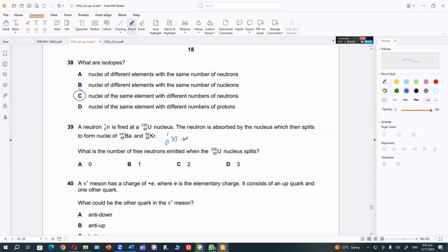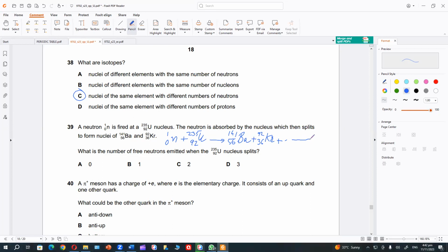So if I write the equation, this is the case. And here I have a dotted line.